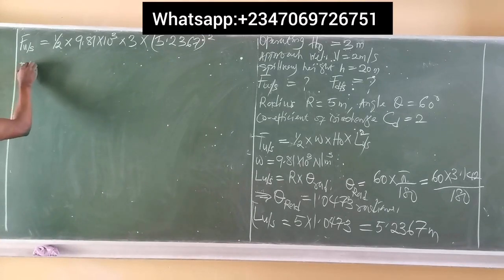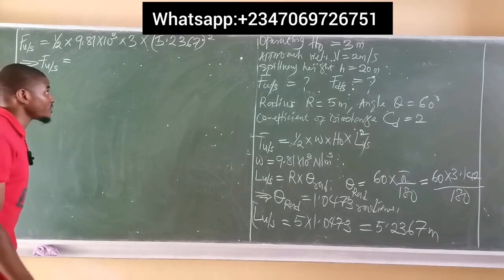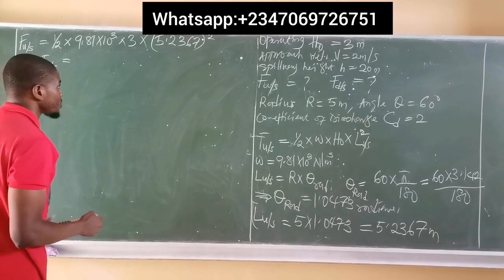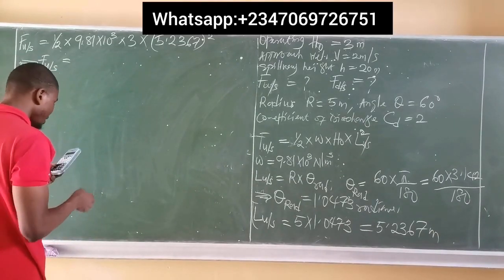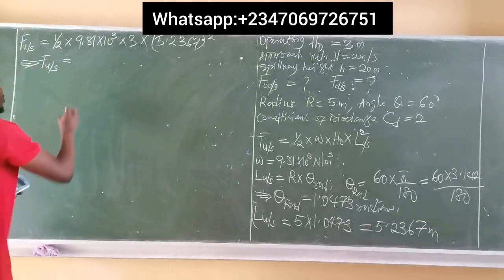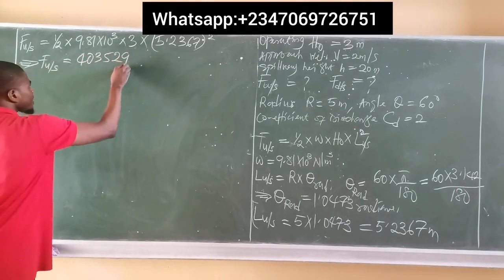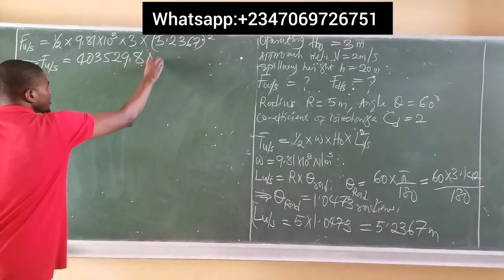So simply multiplying everything together, I will give an approximate value for the answer. You might also want to join me in doing the calculation to avoid calculation errors. We have 403,529.8 newtons.